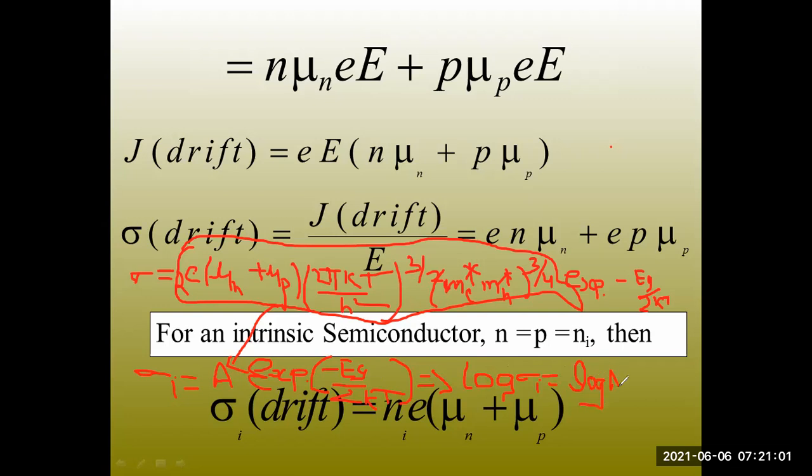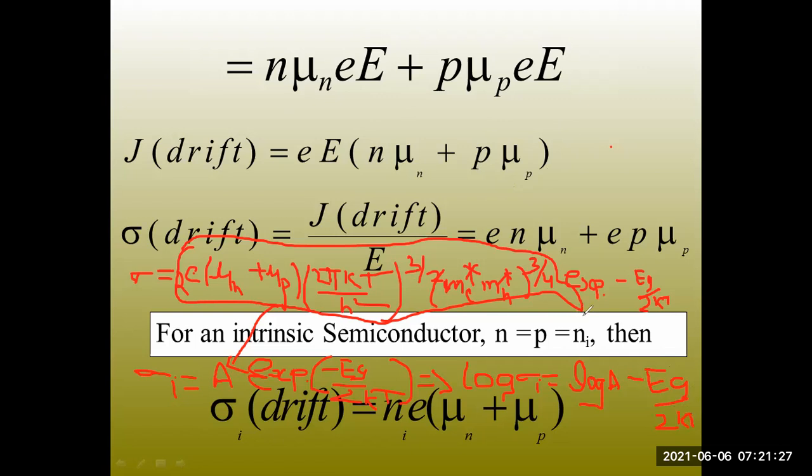Log A minus Eg by 2kT. The exponential and the log will get cancelled.